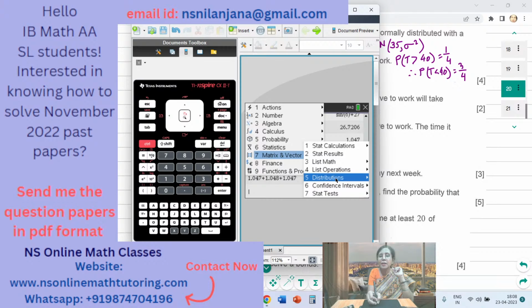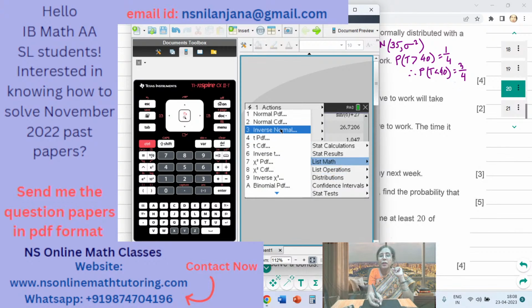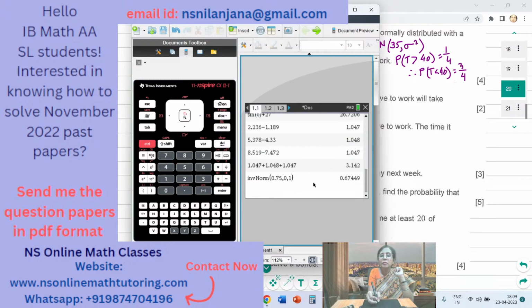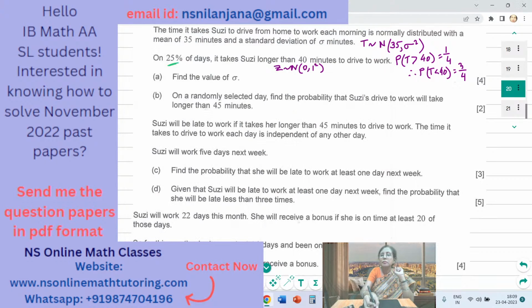I'm taking statistics, distribution, inverse normal, and I'll be taking 3 over 4, or 0.75. It is 0.67449.